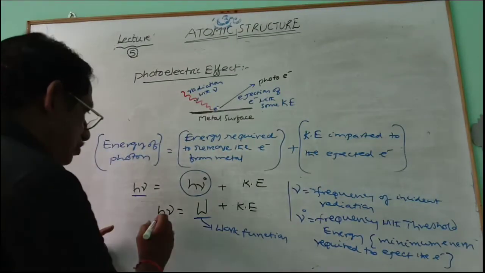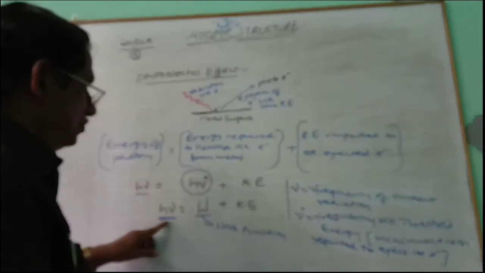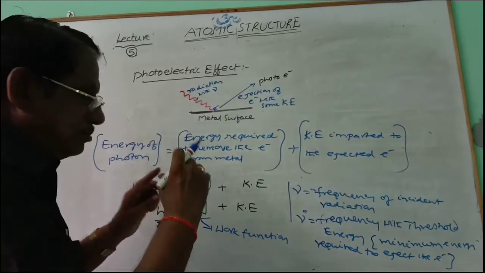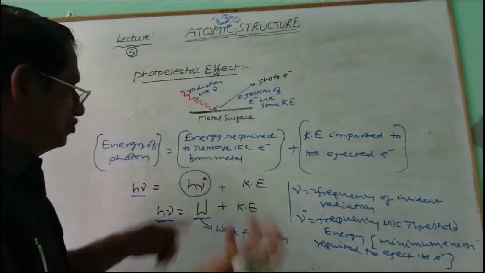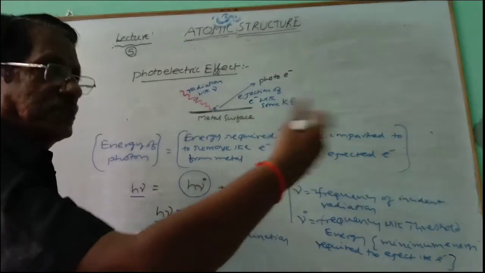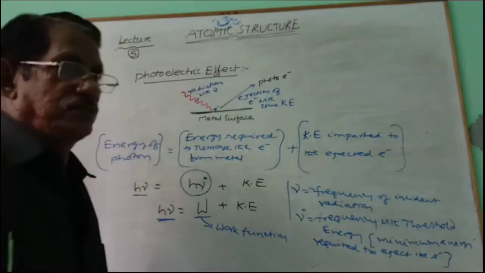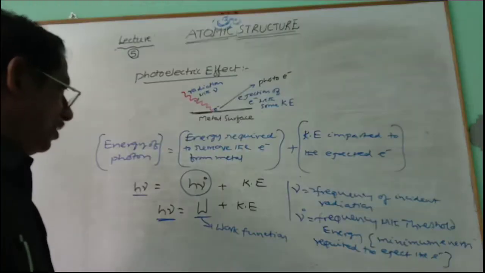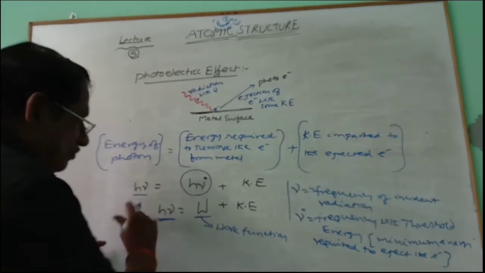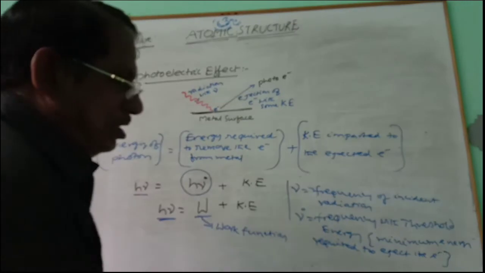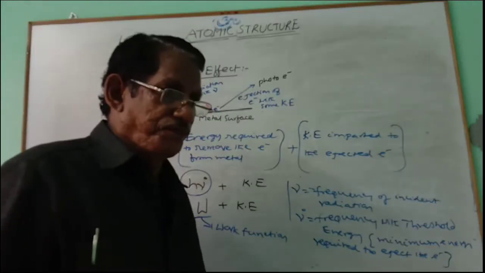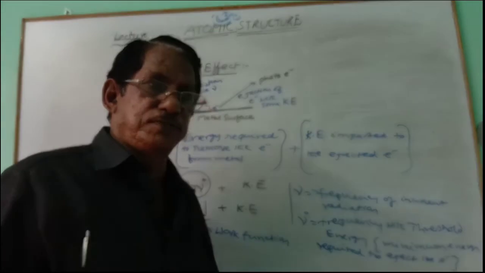So h nu is the energy of the photon, W is the minimum amount of energy required to remove the electron, the work function, that is W is equal to h nu naught, and the excess energy is absorbed by the electron and utilized to increase the kinetic energy of the outgoing electron. This is what you call Einstein's equation. For this work he got the Nobel Prize.